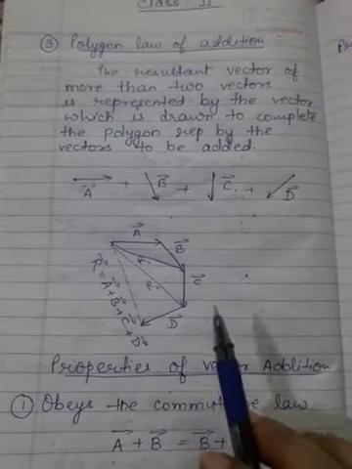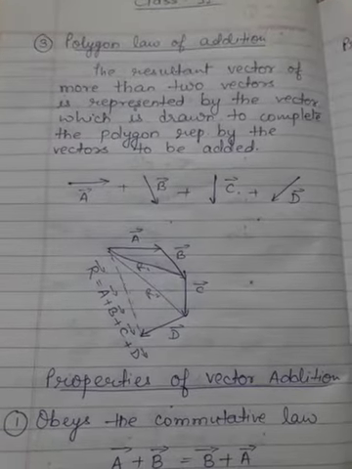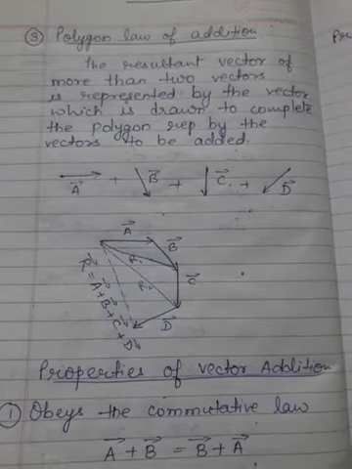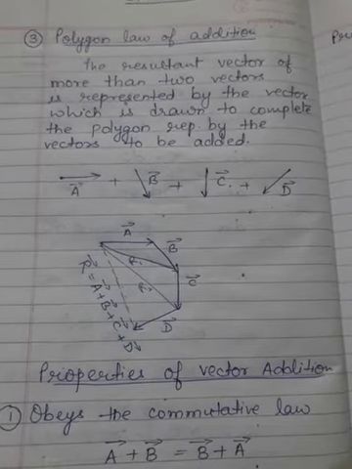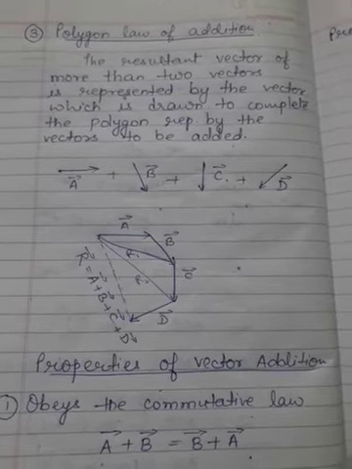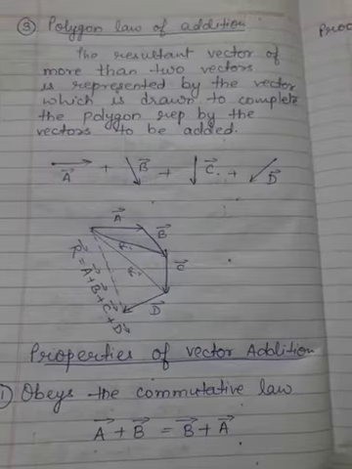So this can also be a method: if you are adding two or more vectors, you can either use the polygon law, where the last side of the polygon represents the addition of all the vectors, or you can use the triangular law of addition.